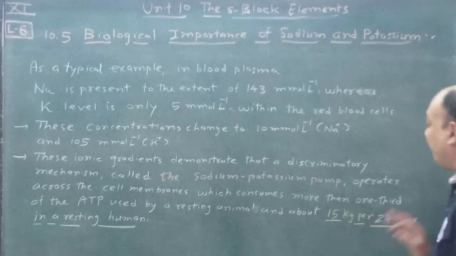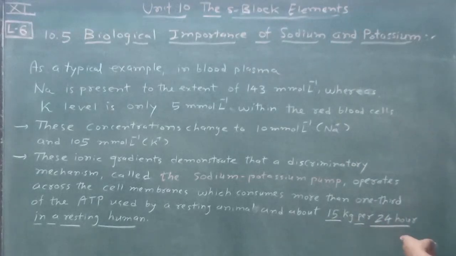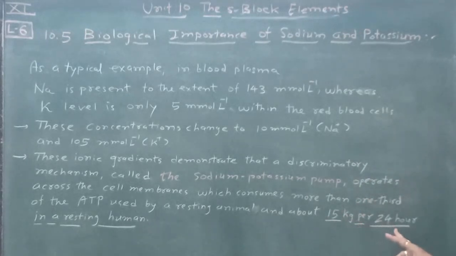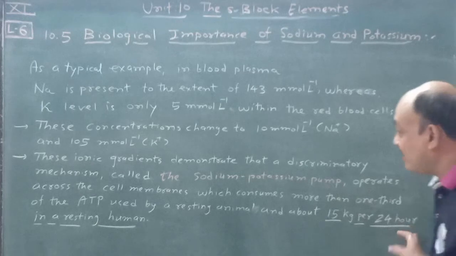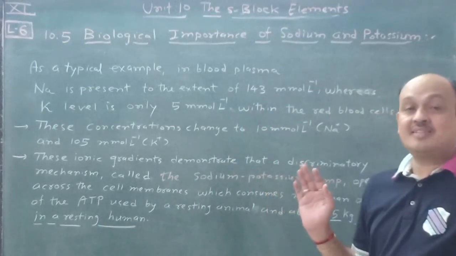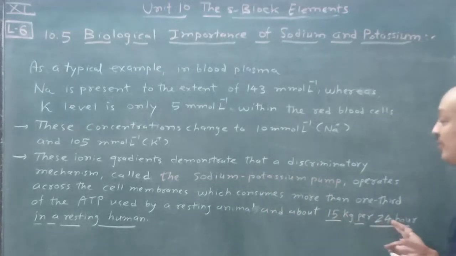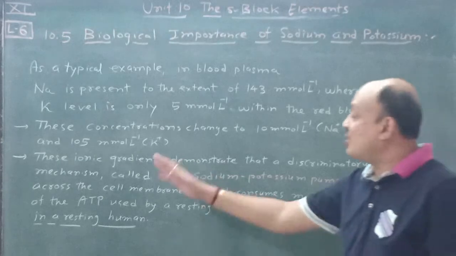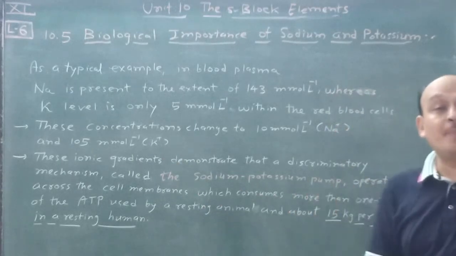About 15 kilogram per 24 hours, remember, 15 kilogram per day in a resting human. That means even if you are at rest, 15 kilogram per 24 hours is required. That's why this sodium potassium pump is very important.